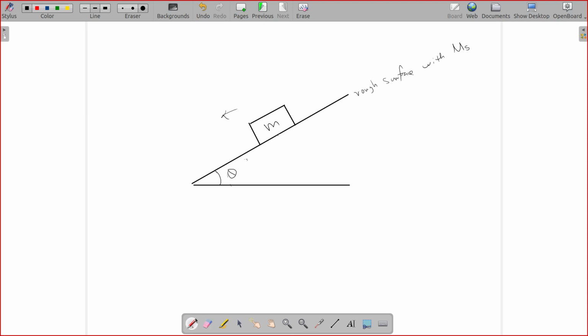So I am going to draw all external forces on the mass.